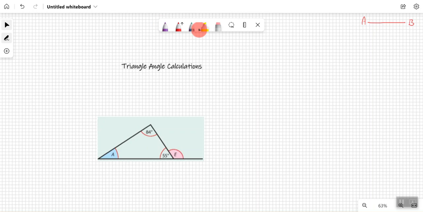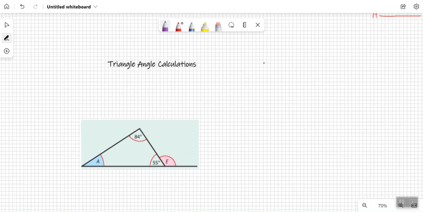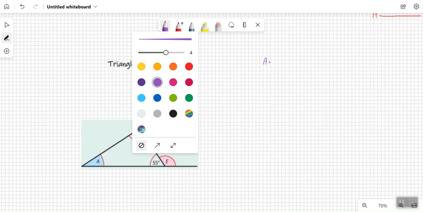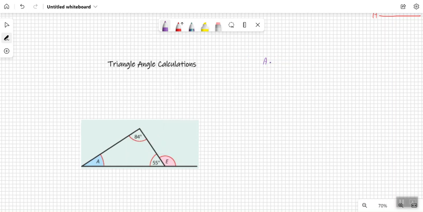So if we had, for example, angle 1 plus angle 2 plus angle 3, the three of them have to add up to 180 degrees.